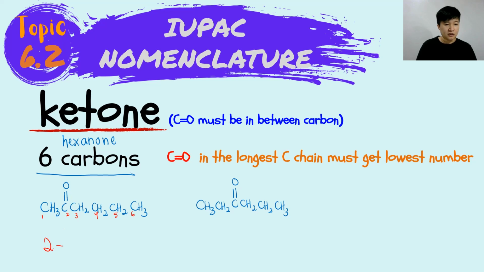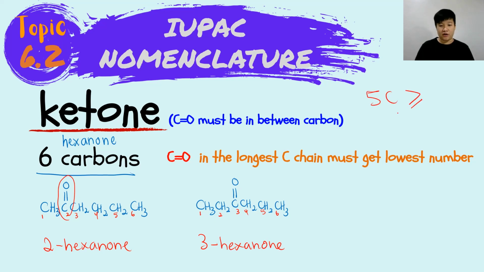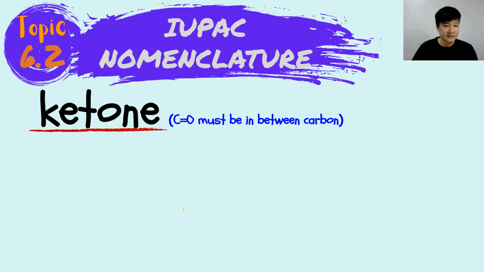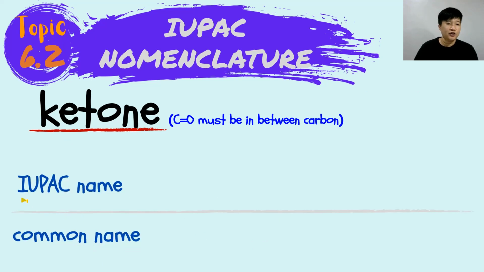Over here, 2-hexanone, because the C double bond O is located on carbon number 2. This one, 1, 2, 3, 4, 5, 6: 3-hexanone. Can you see that? When you have 5 carbons and above, you need to have the position in front of your ketone. Remember that.